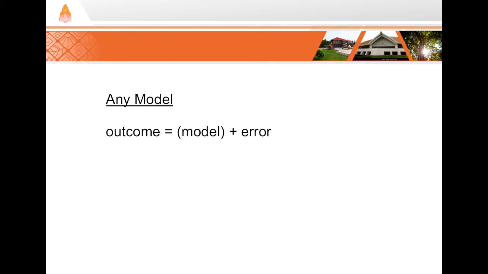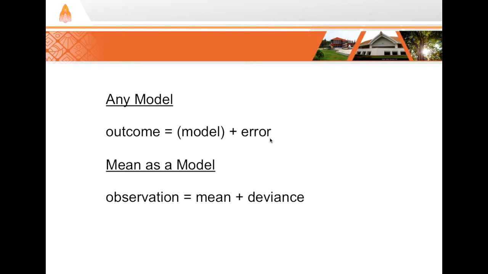Another way to understand how the mean is a statistical model is to understand that any model, whether we're talking about statistical models, economic models, or water quality models, can be expressed this way. The outcome is equal to the model's prediction plus an error. Applying this concept to the mean, any single observation can be equated to the mean, our model's prediction, plus the deviance of the observation from that mean.